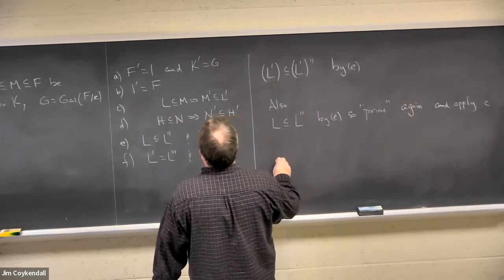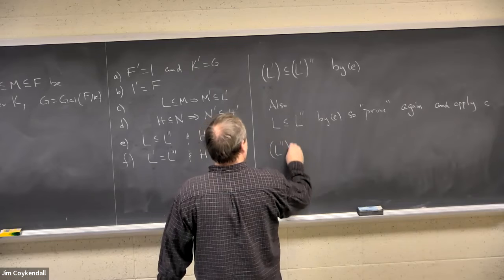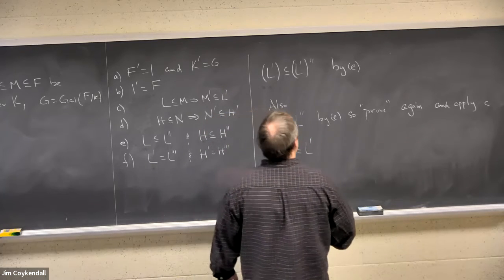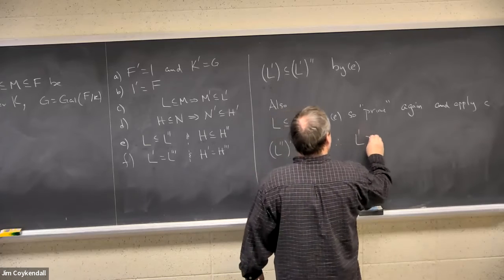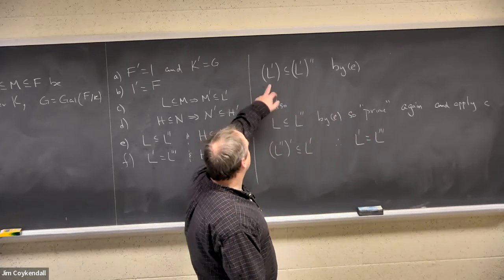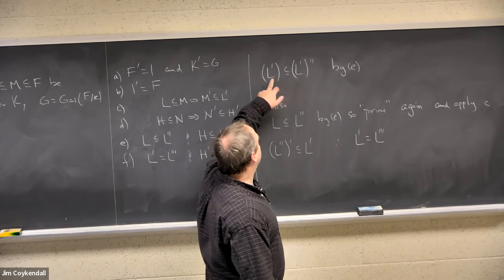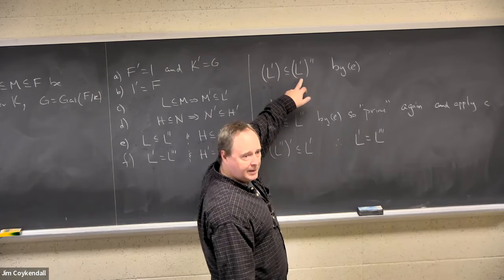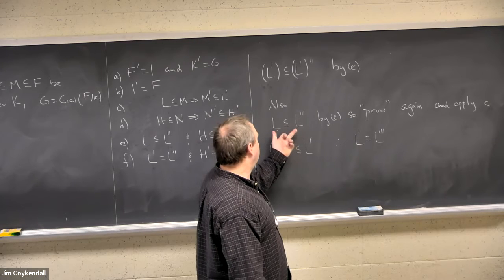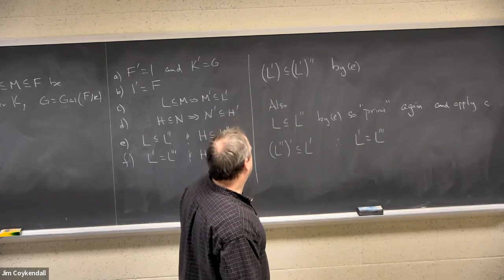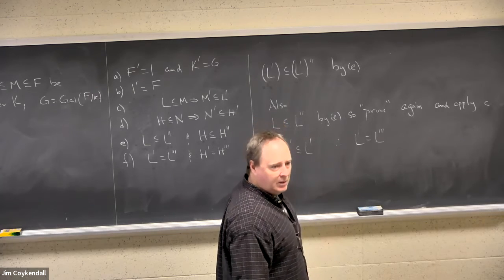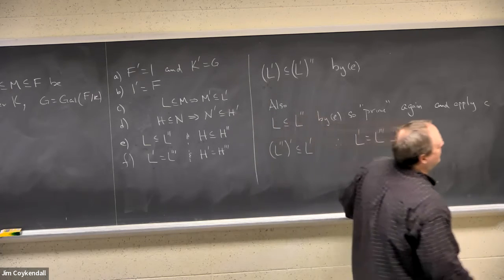L double prime is contained in L prime. Therefore, this is a little bit of magic: by part E, L prime is contained in L triple prime. And then priming again reverses the order of the inclusion, and so now you have L triple prime contained in L prime. So you get equality.